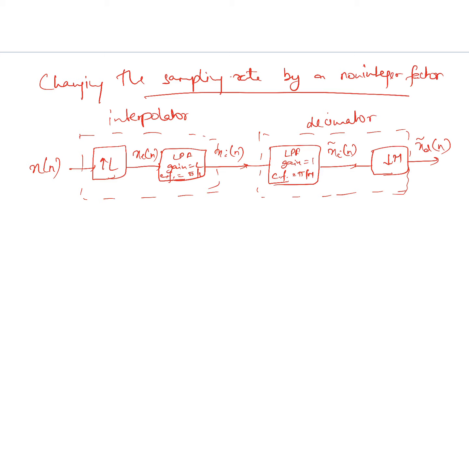So let's see what is happening to the sampling time after each processing step.